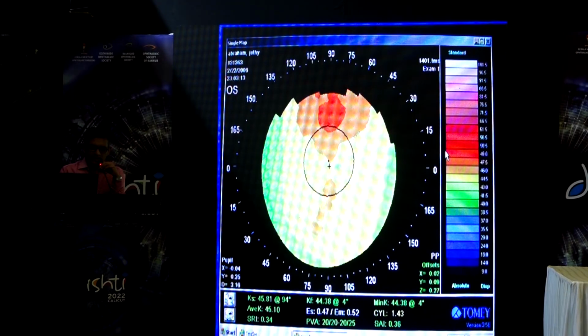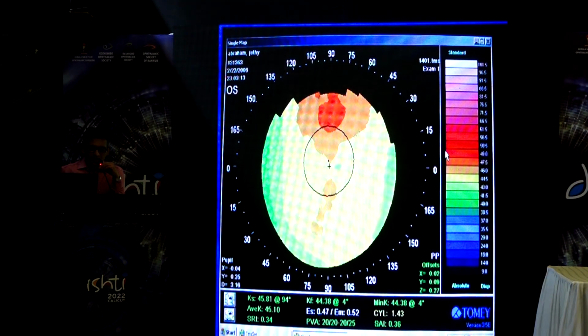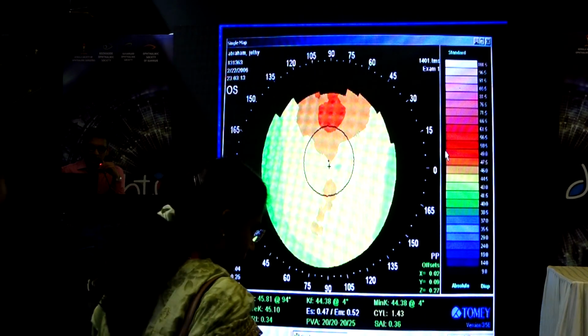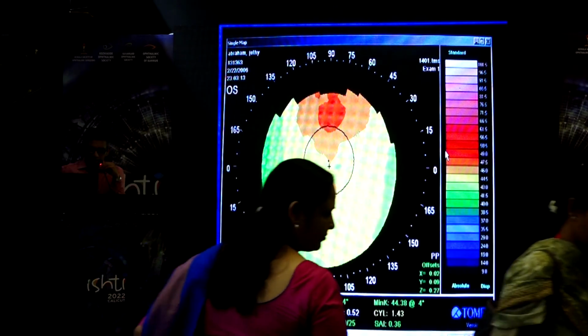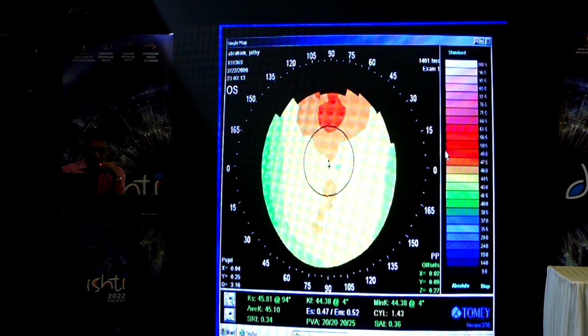Based on these algorithms, the computer gives a color coding to the data that is there. So you have to look at basically the numbers below. You have to look at the K values, the steep value and the flat value, average keratometry, then cylindrical power. Then there is something called SRI, surface regularity index, and surface asymmetry index.